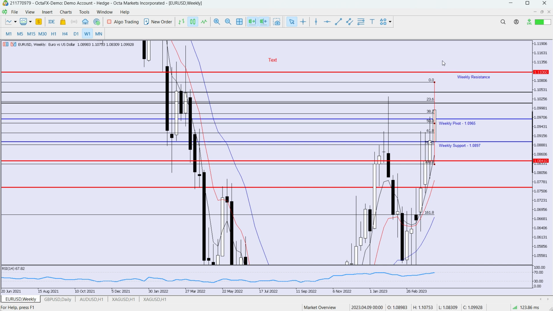Maybe it will go around this area. It will be very hard to break this level. So it will come, this is the first attempt. Maybe it will try two more attempts to break this level, and we still have 2 more weeks to go. So let us see a daily chart so that I can discuss how the price can come here.